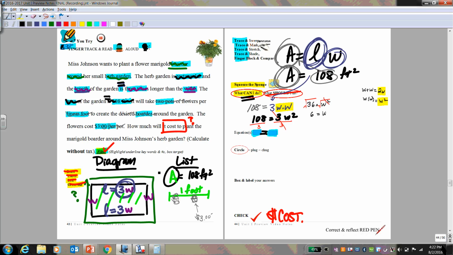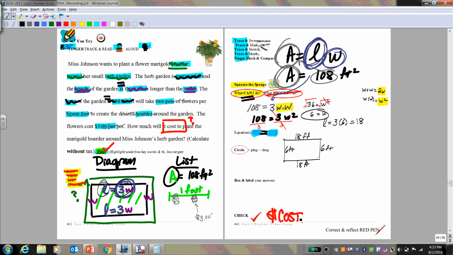You ask yourself, what else can you find? If you just found the width, you can easily find the length, which is 3 times the width. So we just figured out that the length is 18. Let's recap what we know so far. This edge is 6 feet, this edge is 6 feet, this edge is 18 feet, and this edge is 18 feet.